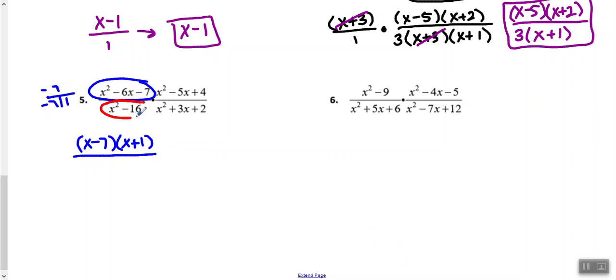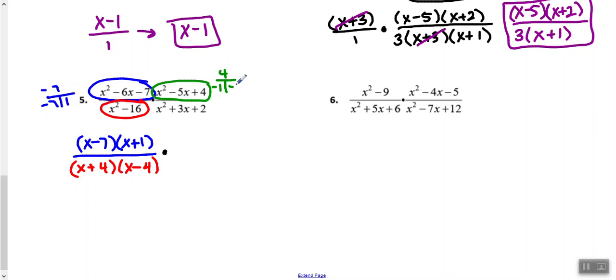here I have x squared minus 16. Now I notice I'm subtracting two terms. They are both perfect squares, so this will give me my difference of squares of x plus 4 and x minus 4 times, I'm looking at x squared minus 5x plus 4. So what multiplies to a positive 4 but adds to a negative 5?